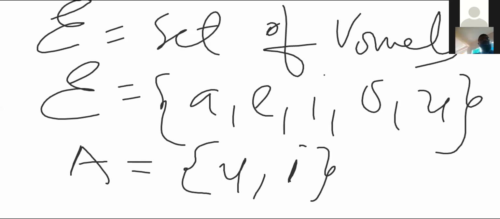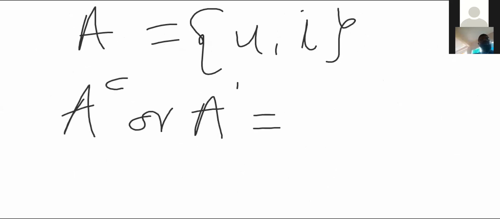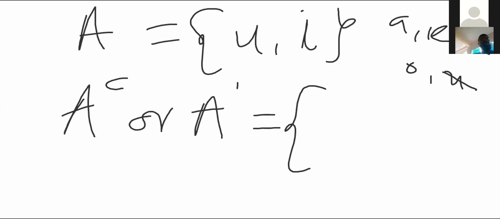Set A is you and I. The complement of A is simply the elements that are in the universal set but are not in A. The universal set has A, E, I, O, U, but I and U are in A. So what is not in A is this, this, and this.